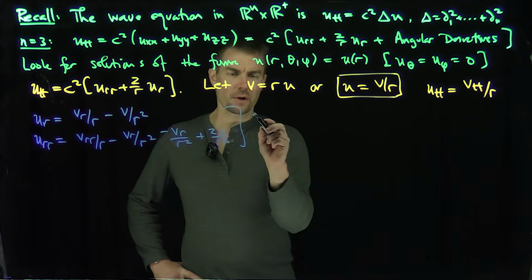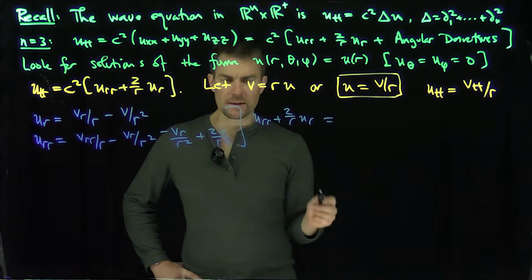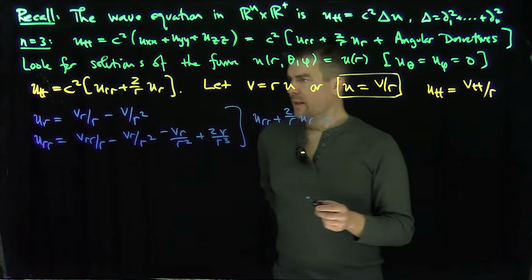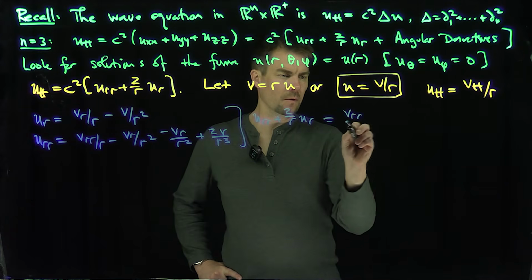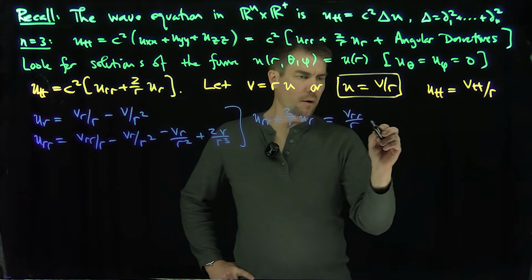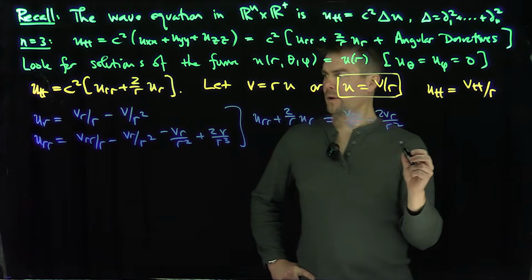If we put these together and look at u_rr plus 2 over r u_r, what are we going to get? u_rr is v_rr over r minus 2v_r over r squared plus 2v over r cubed.